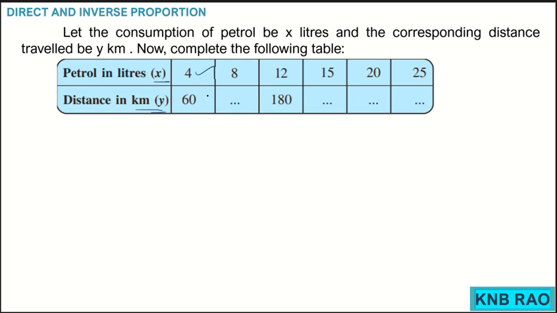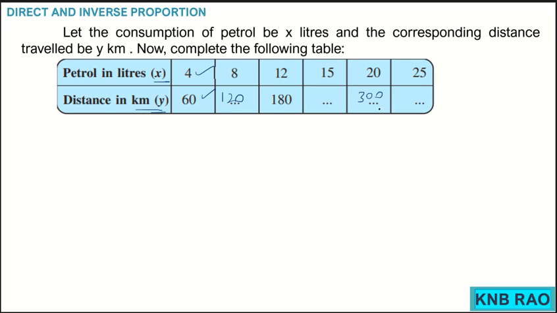With 4 liters of petrol 60 kilometers are travelled, with 8 liters, 4 twice is 8, 60 twice is 120 kilometers, 4 thrice is 12, so 60 thrice is 180, 4 5 times is 20 liters, 60 5 times would be 300 kilometers.